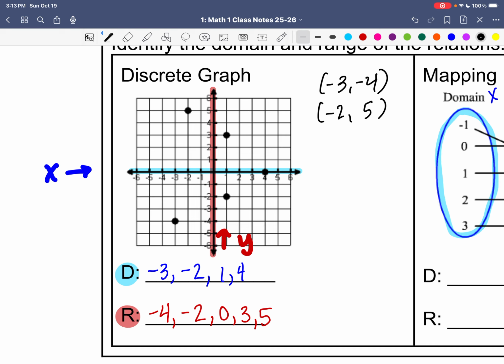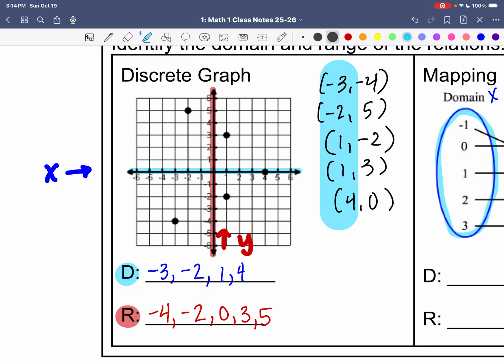We don't have any on 0. And then you've got 1, -2, and 1, 3, and we have 4, 0. So another way to look at it is this way, where these are your domain, these are your range.